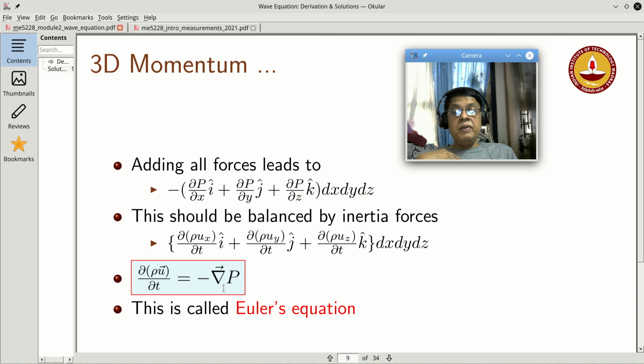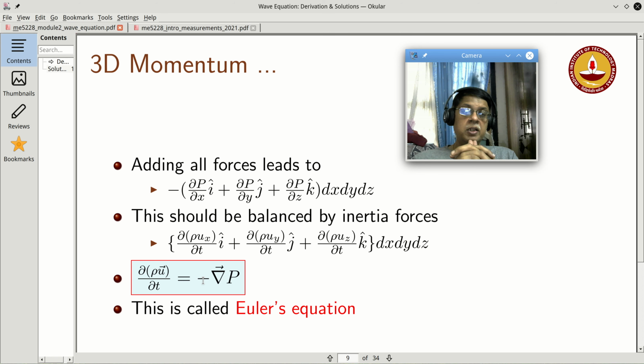So finally we get a vector equation. This has three components, so you can break it down into three scalar equations, but in vector form it is ∂(ρu)/∂t equal to minus gradient of P, capital P, which is the total pressure. This is called Euler's equation.